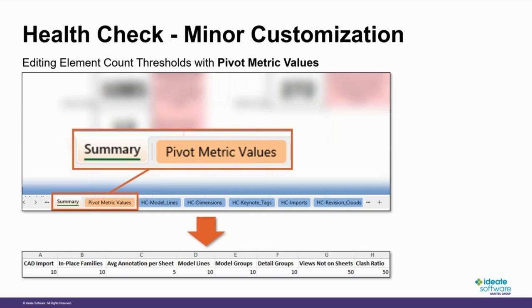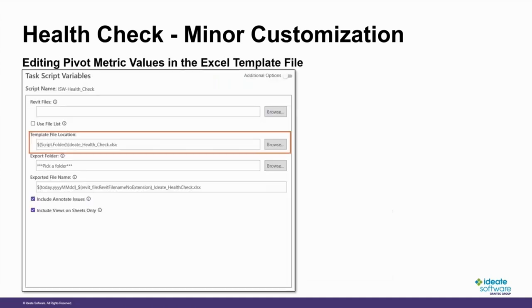So at this point, you might be asking, okay, well, where's my Excel template exactly? Well, remember, I mentioned in the previous step here that we are pointing to a template file, this Excel template file, Ideate Health Check. So this is an Excel file that is completely editable for the purposes of visualizing our data.